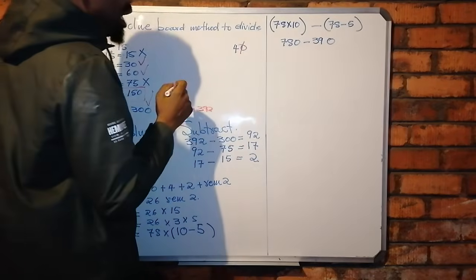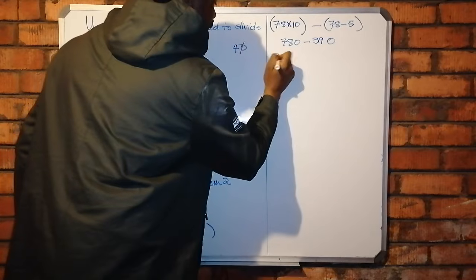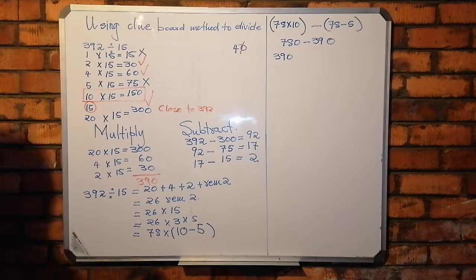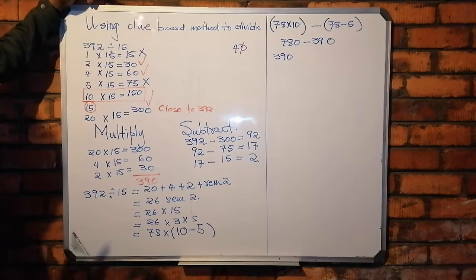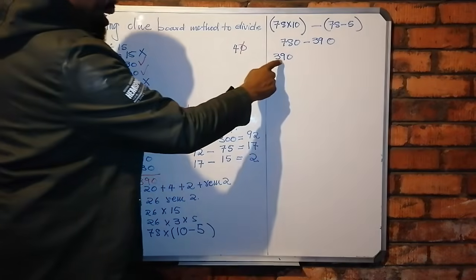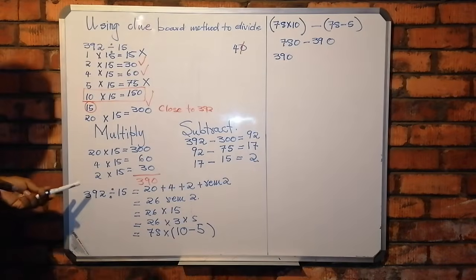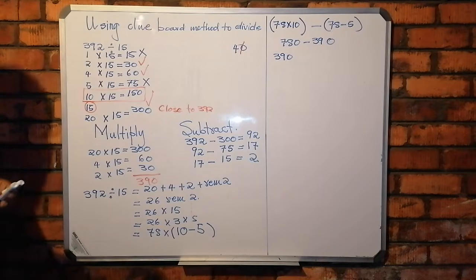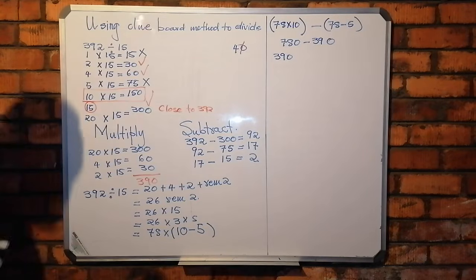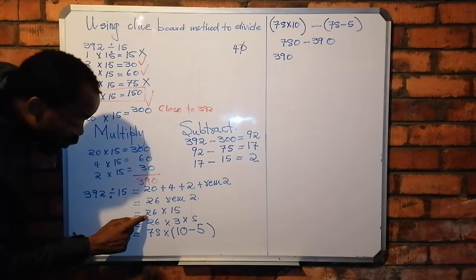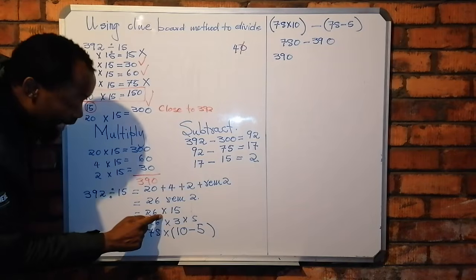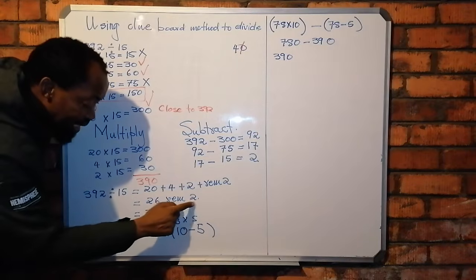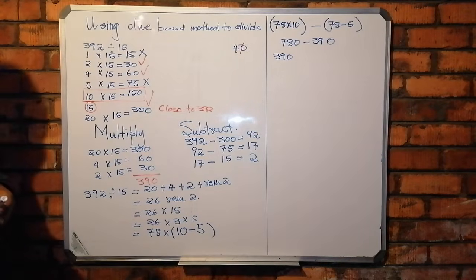Now we subtract the 2 numbers and we get 390. Now, what is happening here? We are getting 390 and we were given 392. Now, I am going to tell you that, hey, mummies, that means 26 multiplied by 15 plus the remainder 2 is 392.